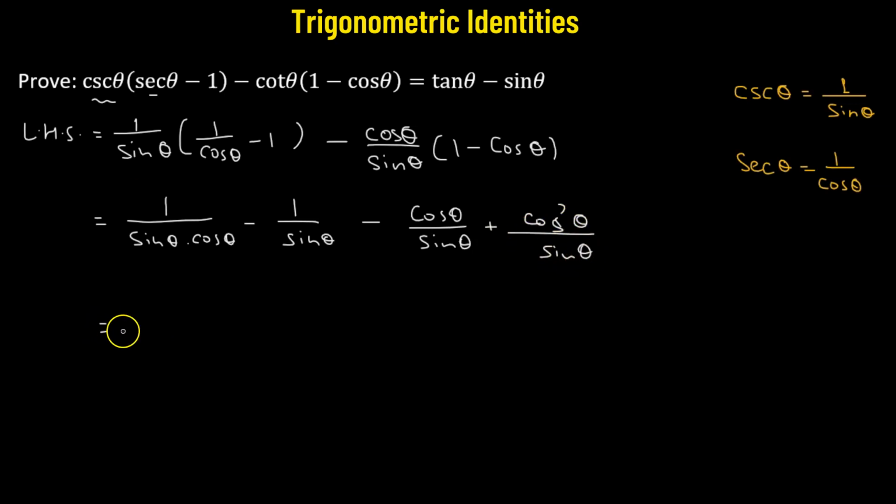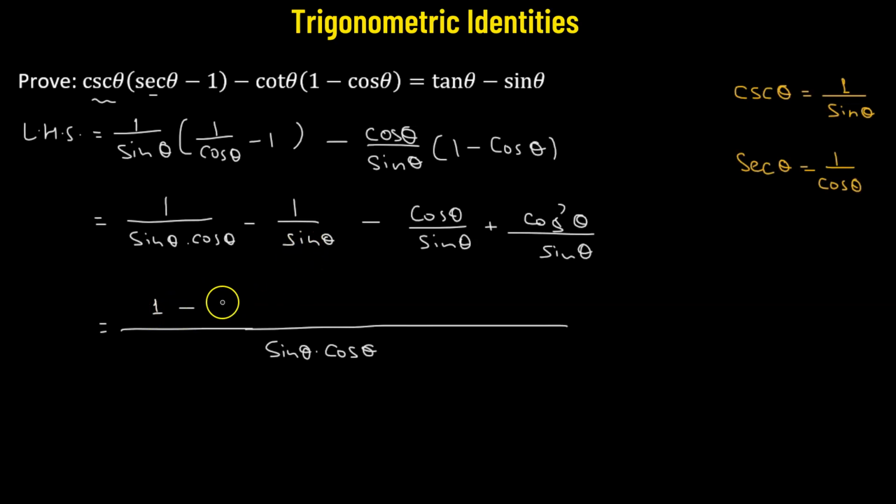Now let's combine all of the terms. So our common denominator will be sine theta multiplied to cosine theta. So here in the first term, we will have 1 minus, then the second term will be cosine theta. The third term will be cosine squared theta plus the fourth term will be cosine cubed theta.